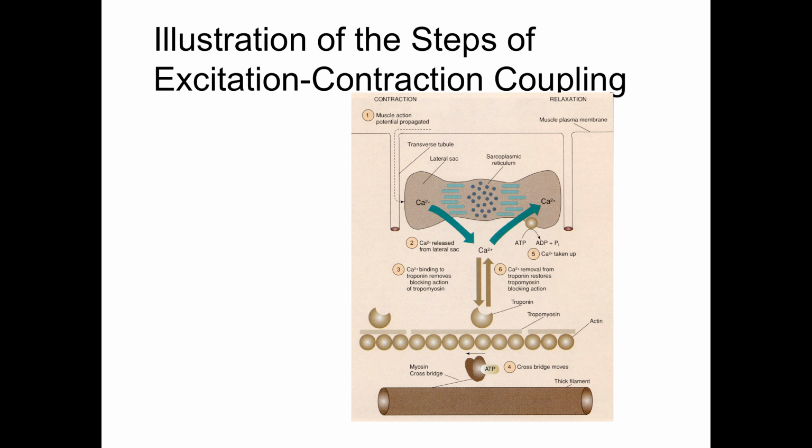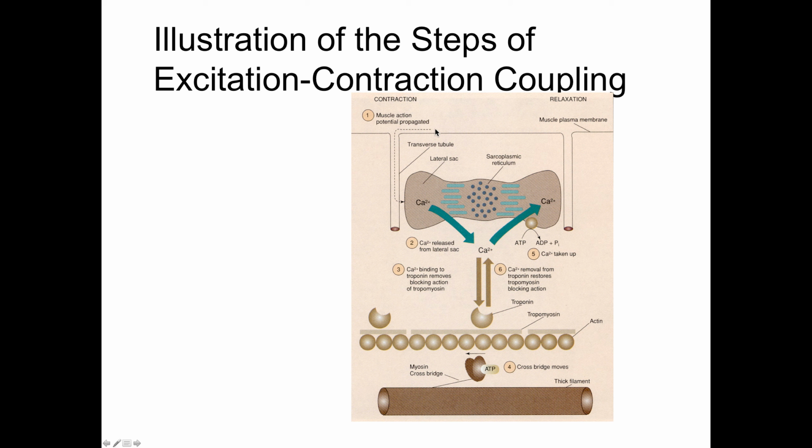I copied this picture from another textbook. This whole picture is a muscle cell, and here's the muscle cell membrane, the muscle plasma membrane, or the sarcolemma. This dashed line would be the muscle action potential that came from the nerve, but then was propagated along this muscle cell.